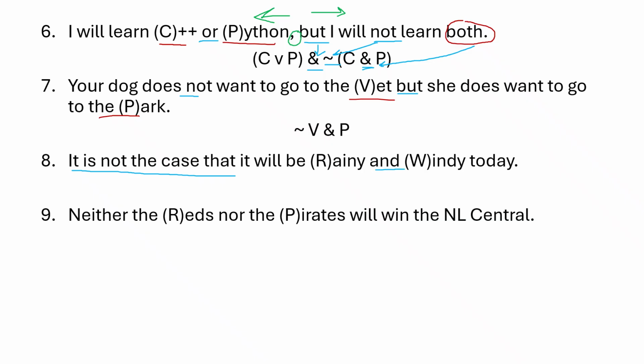We have an and here, so we have our R and W for rainy and windy, so we get this formulation. So the tilde is applied to the entire statement. It's negating this idea that it's going to be both rainy and windy. So it's not the case that it would be both rainy and windy. So that's why we put the tilde outside the parentheses.